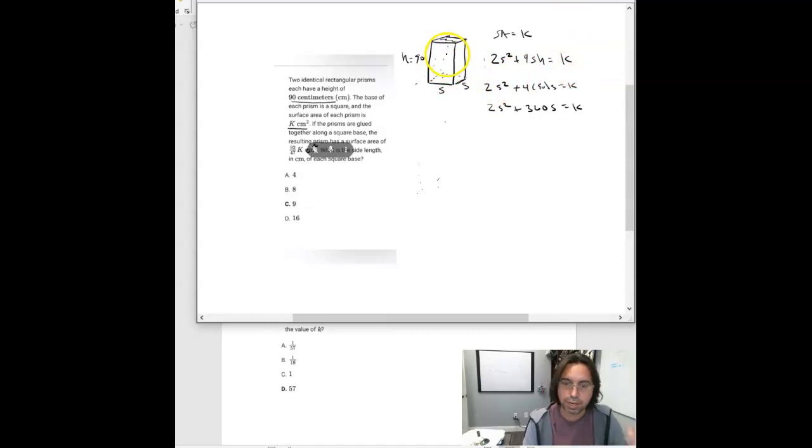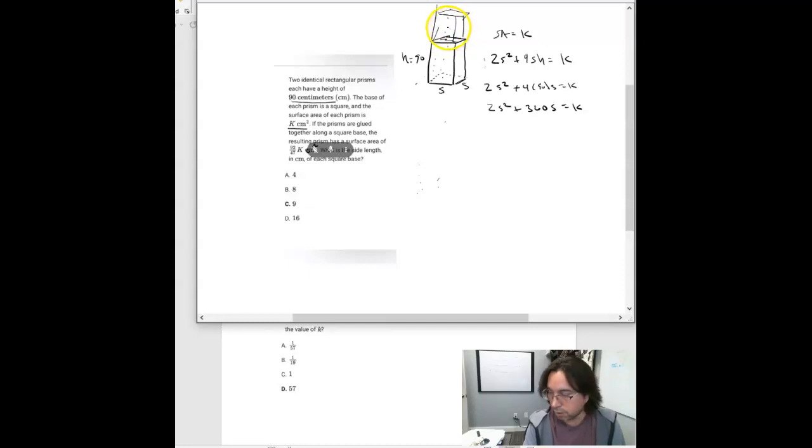And it goes on to say if the prisms are glued together along a square base. That's talking about if we put another one here that stacks on top of this, then we're coupling these together.